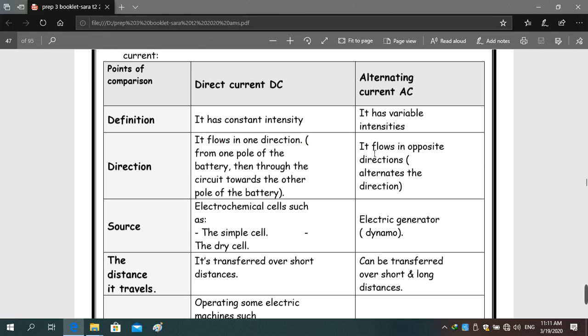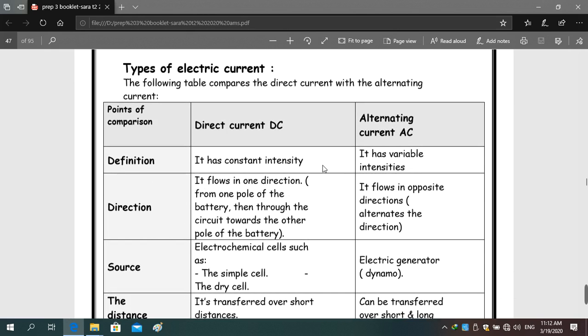But in the alternating current, the current flows in opposite directions. First the current moves in one direction, and after a while, after a few milliseconds, the direction of the current will be in the opposite direction.